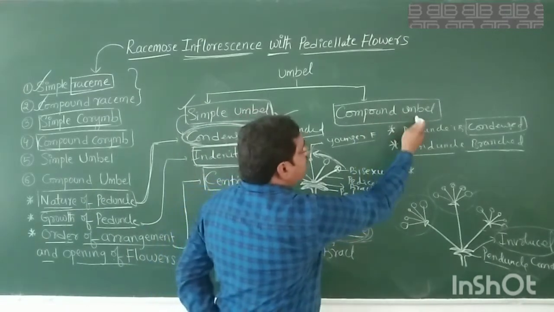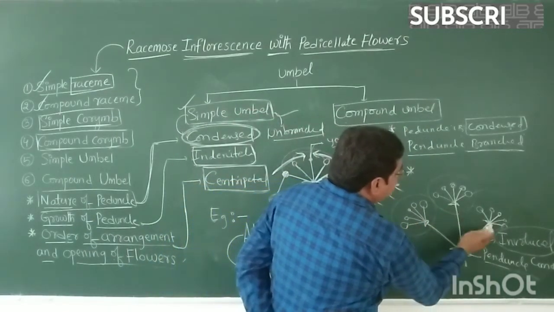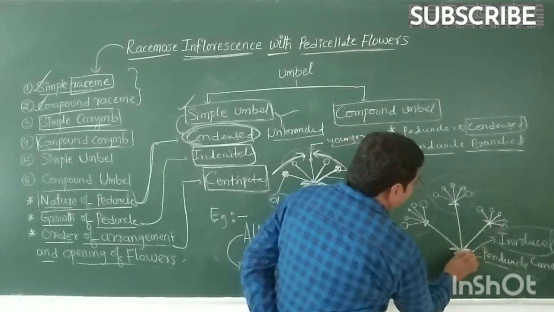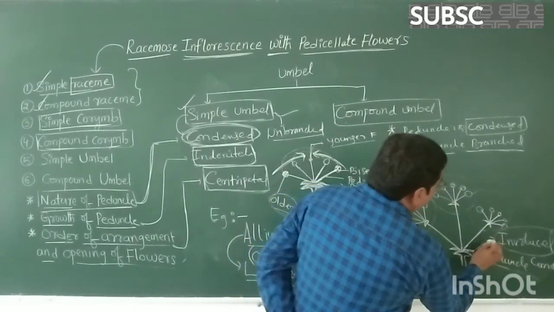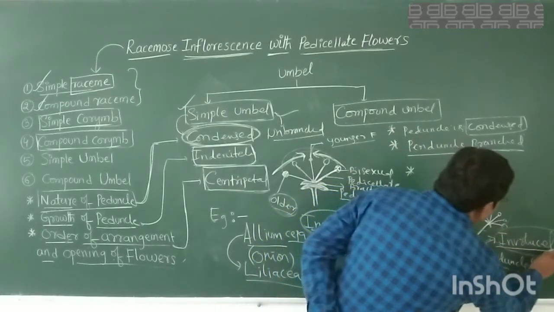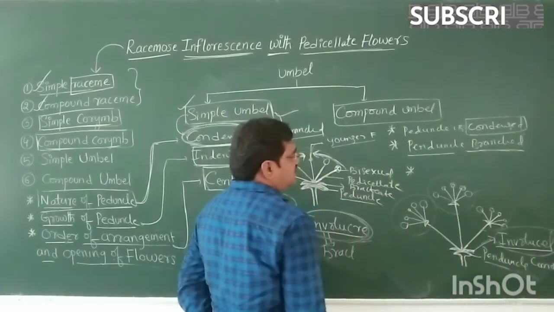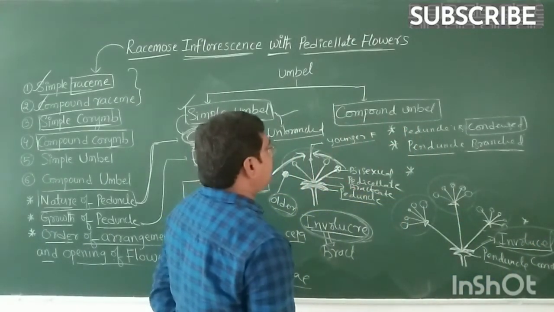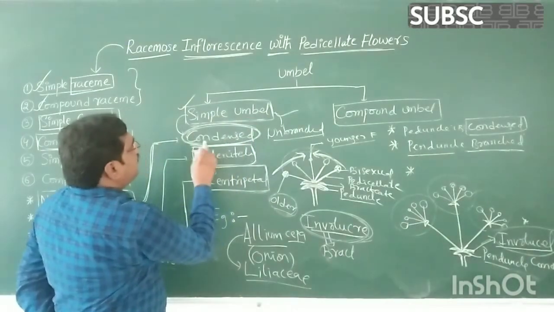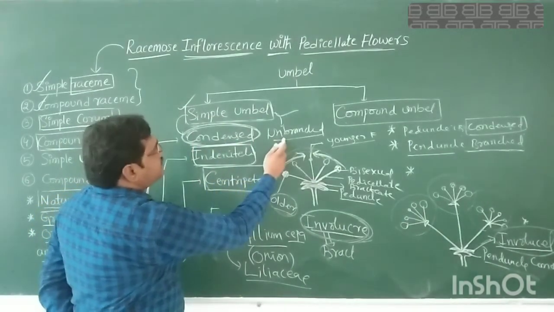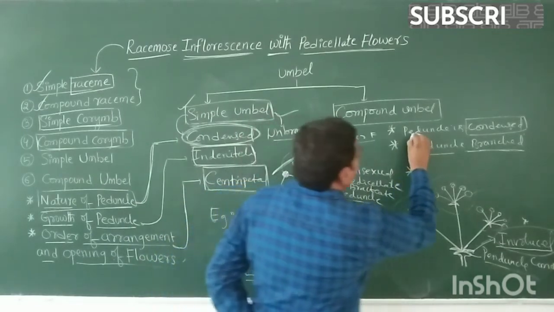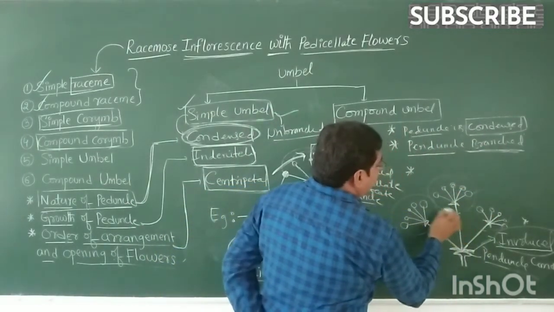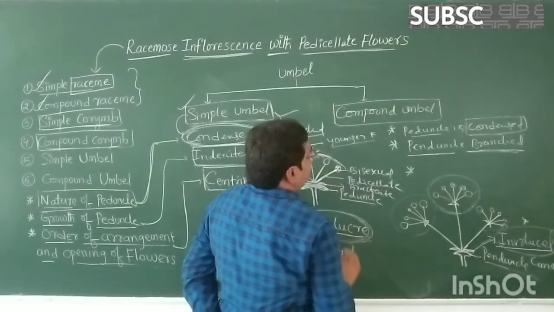In a compound umbel, the bracts of all flowers of the simple umbels are united to form the wall-like structure called involucre. This is the characteristic feature of the compound umbel. See here, simple umbel: condensed peduncle, unbranched. In compound umbel, the peduncle is condensed and branched. Each branch resembles the simple umbel.